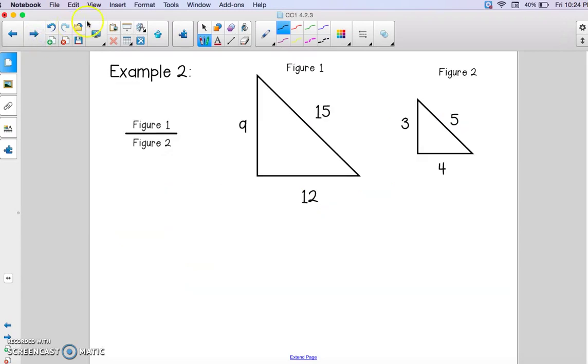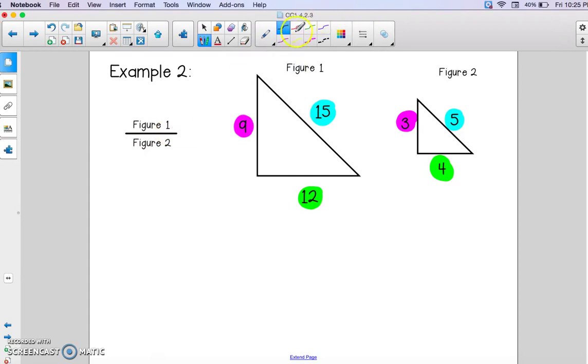Alright, so example 2, we're going from a bigger triangle now to a smaller triangle. So we're going to do that exact same thing that we just did. I'm going to highlight my corresponding sides. I have 9 and 3, 15 and 5, and 12 and 4. So I'm going to do that same thing. I'm trying to find my ratio.